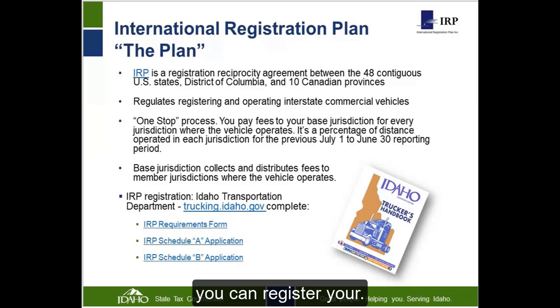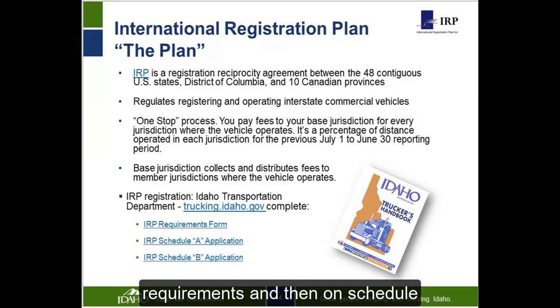You can register your IRP vehicle there, and when you do that, you'll fill out the requirements form, and basically on the requirements form, it goes through the base jurisdiction, the established place of business, residency, distance reporting requirements, record keeping, and U.S. DOT requirements. And then on Schedule A, the application, it goes through your carrier information, weight information, and your vehicle information. And then Schedule B is actually where you report your actual distance in each jurisdiction.